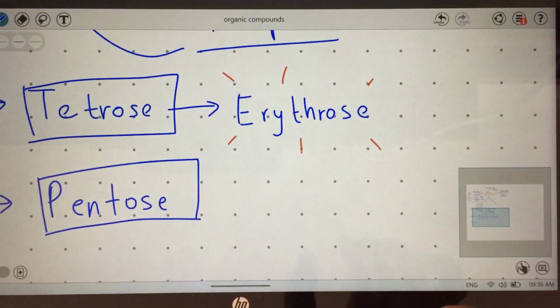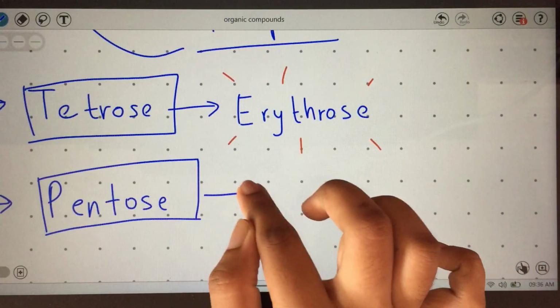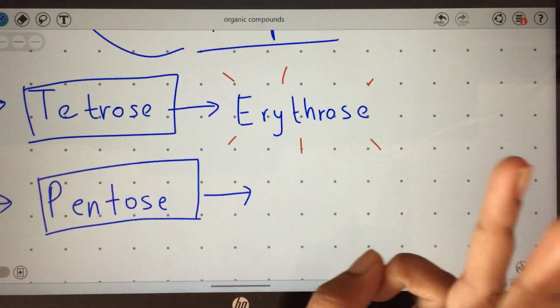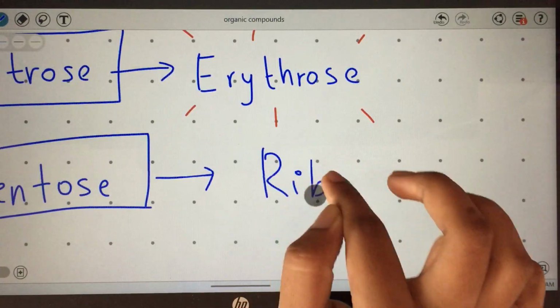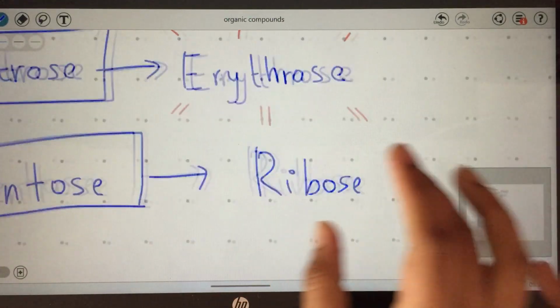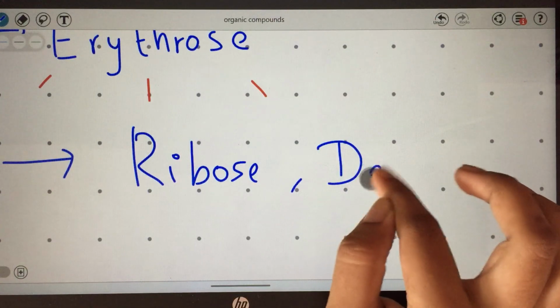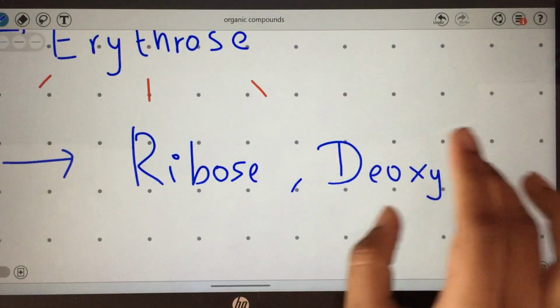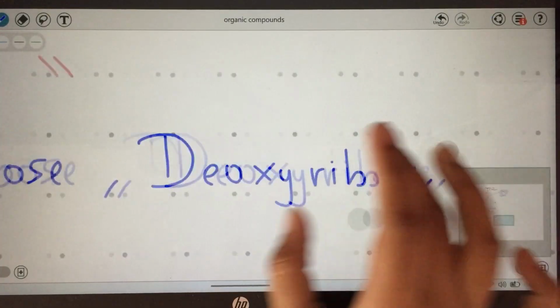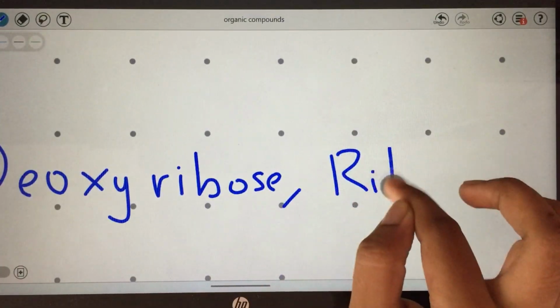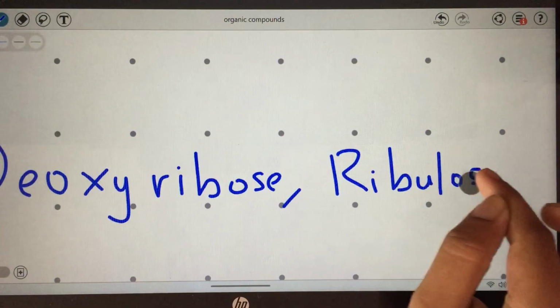Okay, so pentose means 5-carbon. So for pentose also you have 3 examples. What is it? Ribose, and then you have deoxyribose, and then you have ribulose. Okay, these are the 3 that you have to remember.